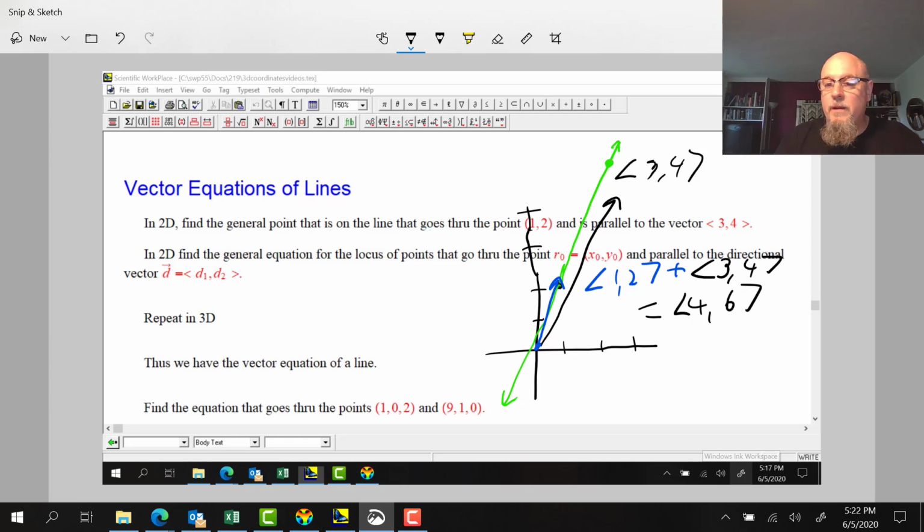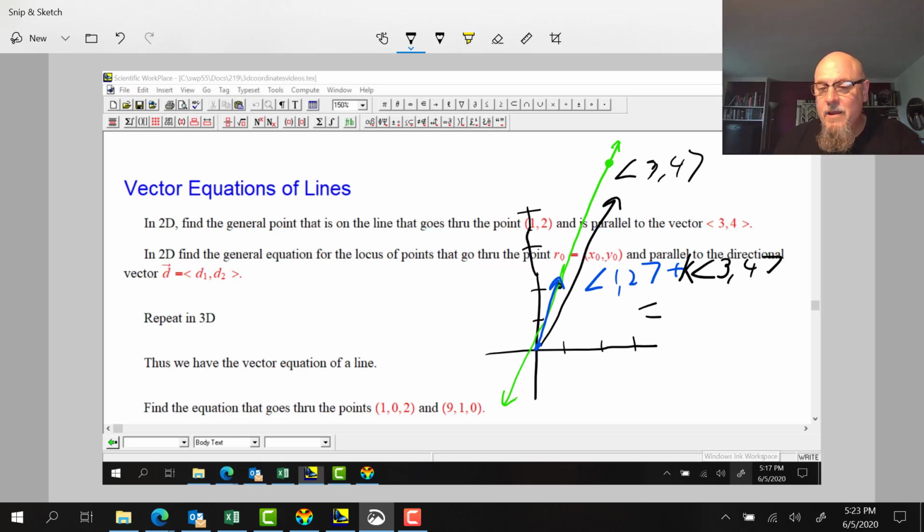If I wanted to get a point way up here, maybe I'll take 2 of those <3, 4> vectors, or 1.5 of them. If I wanted a point down here, maybe I'd go to (1, 2) and then subtract one of those <3, 4> vectors. So I go out to the point (1, 2) and then take either a positive or a negative multiple of <3, 4>, some scalar multiple.